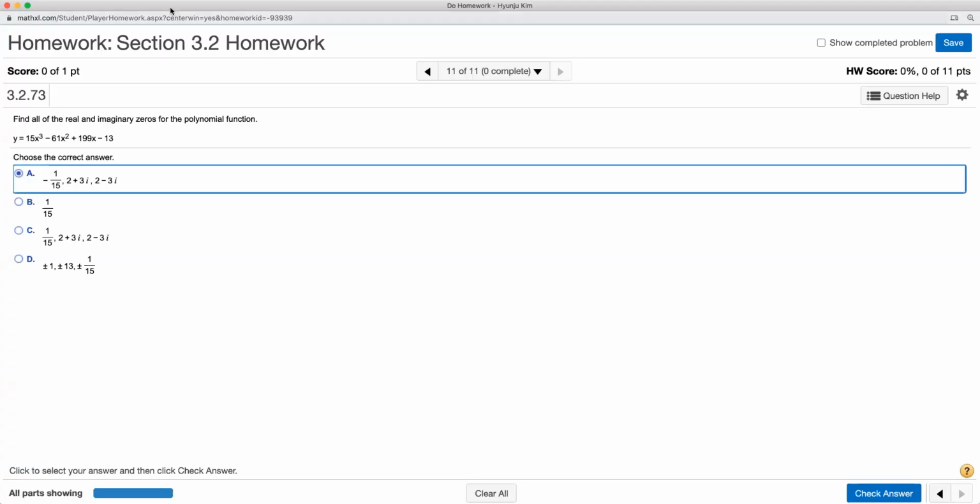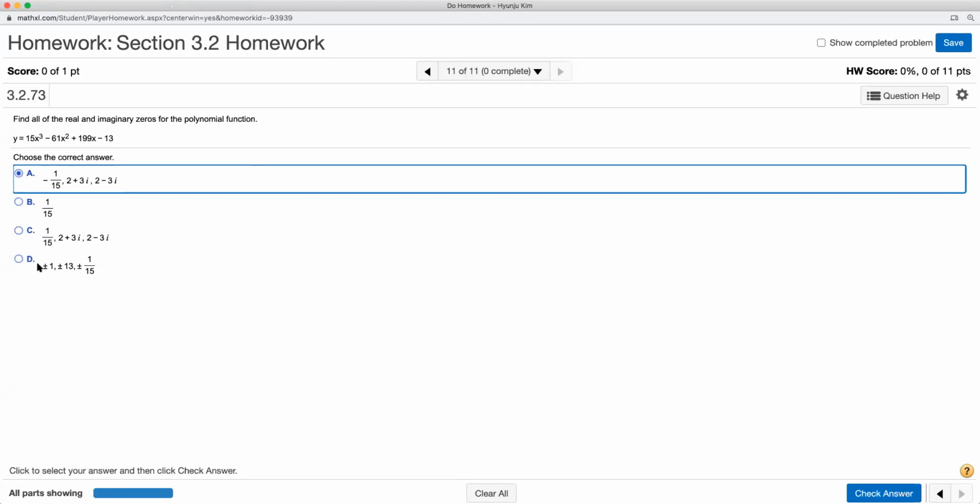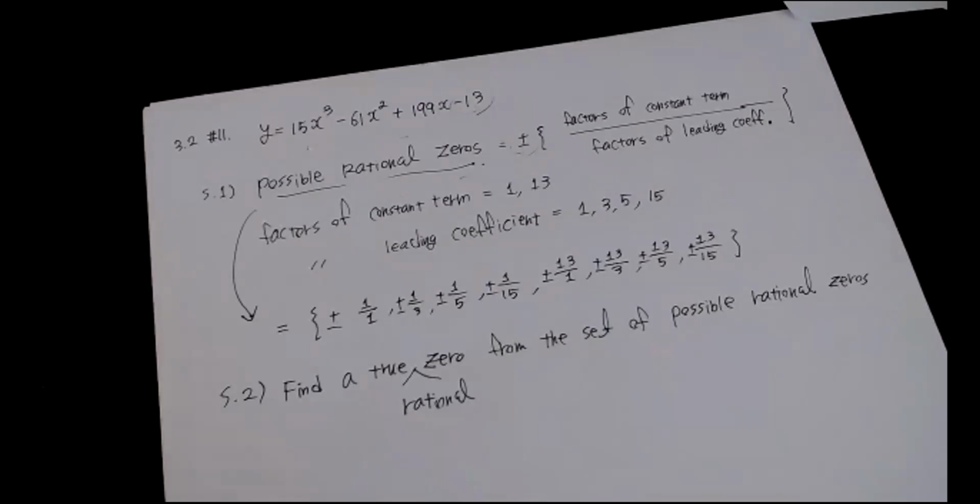You can see that for A, B, C, D, only +1/15 or -1/15 are involved. Except for D, all the numbers are just intermediate numbers. So I think 1/15 or -1/15, one of them should be a true zero. Let's figure that out.